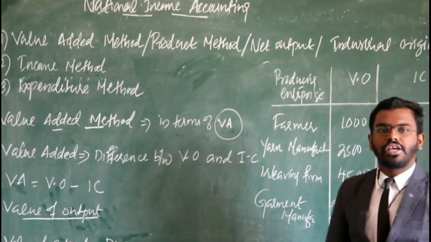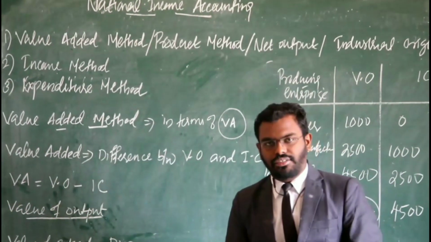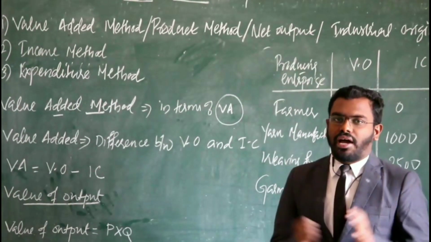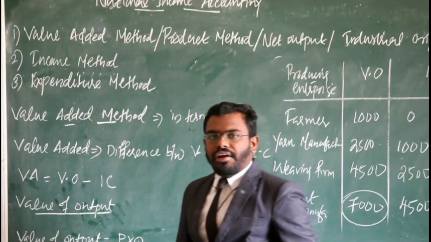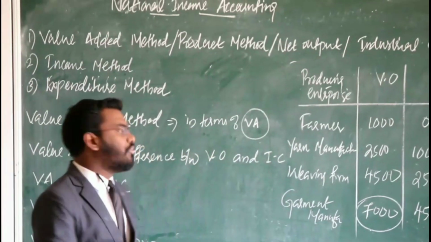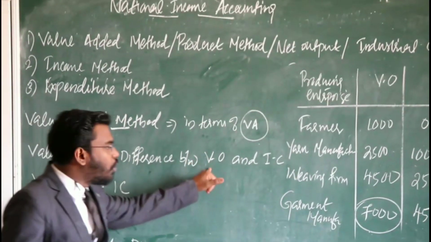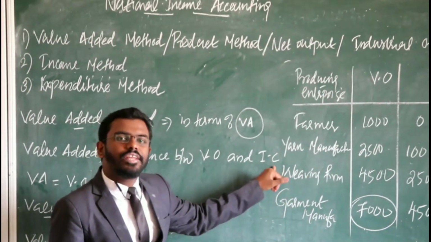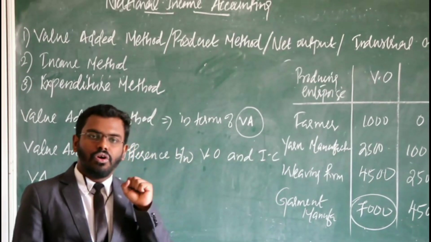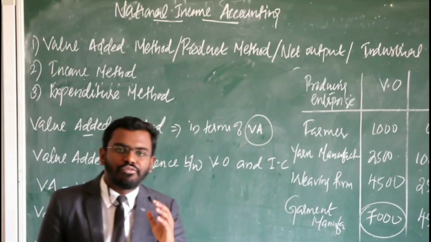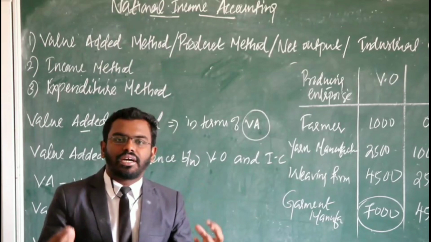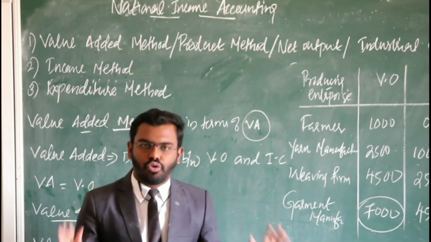So the question is, what is value added? I think it may be a new word for you. Value added is the difference between value of output and intermediate cost or intermediate consumption.